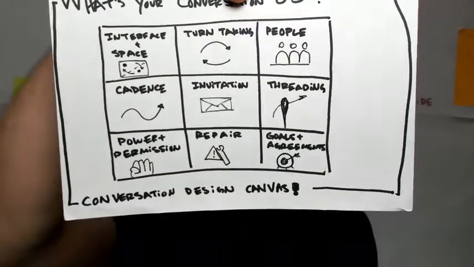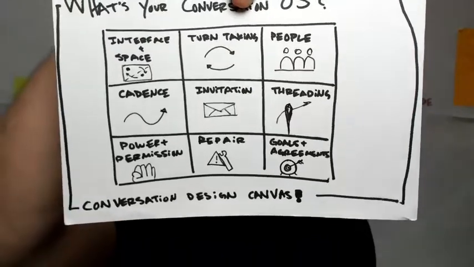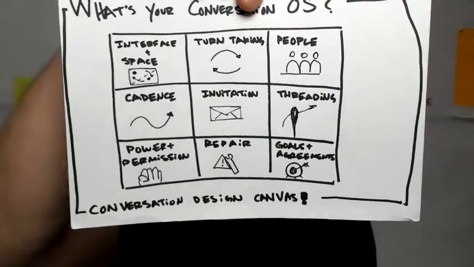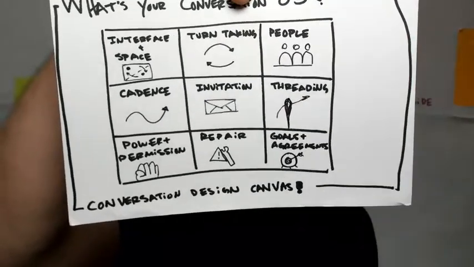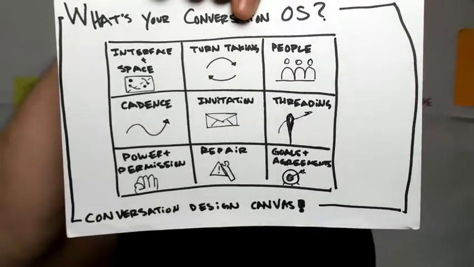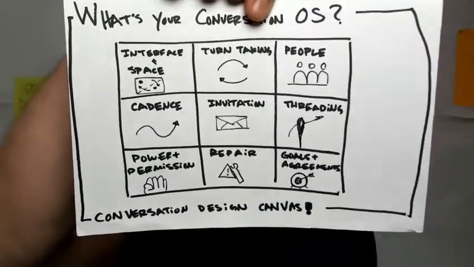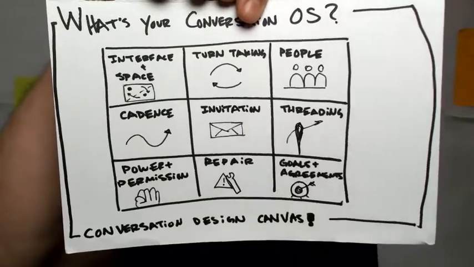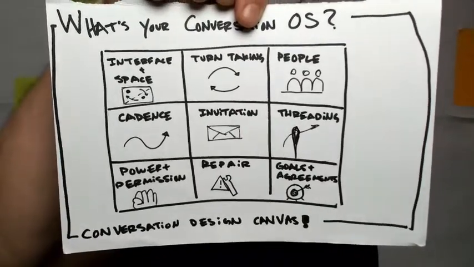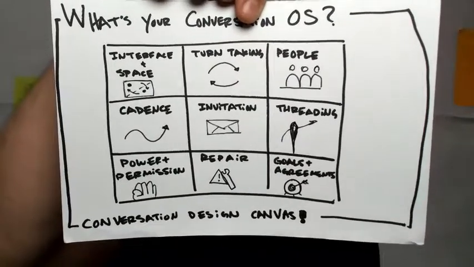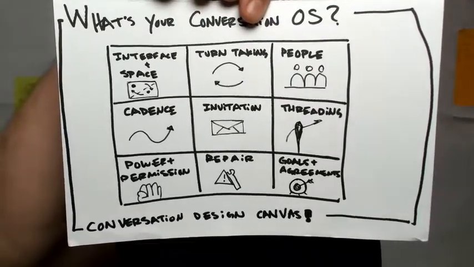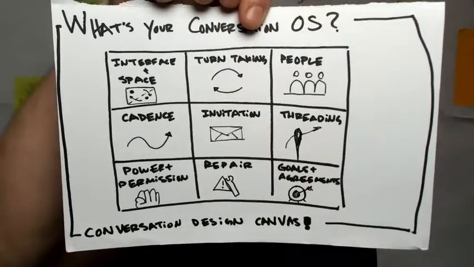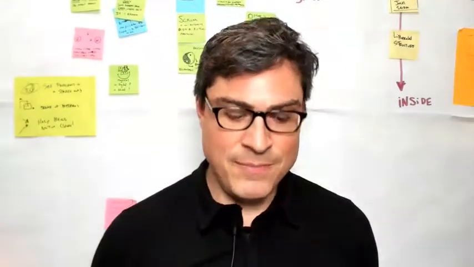Just being aware of the interface in the conversation and the space that's happening in, how turn-taking is managed, who's invited and why, the cadence of the conversation, how the invitation is framed and how that sets you up for success, threading or the connection of one moment of the conversation to the next, power and permission, who's allowed to speak and why, who was invited and why, repair. What happens when something goes wrong, and the goals and agreements, like the purpose of the thing.